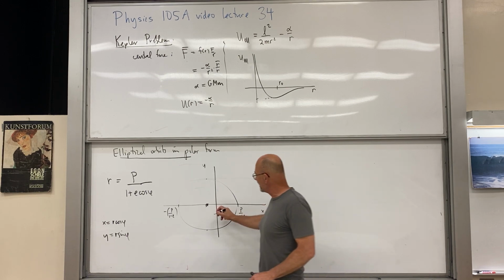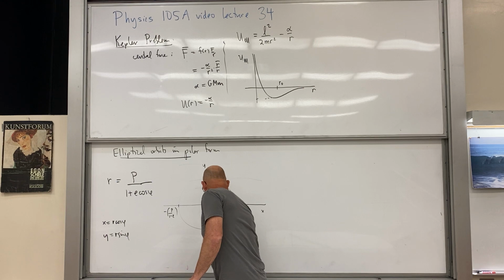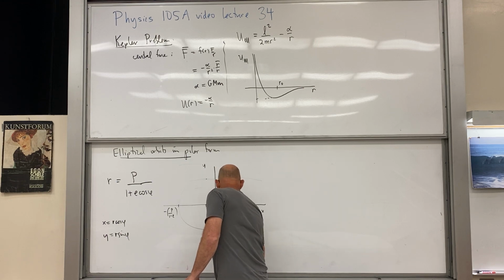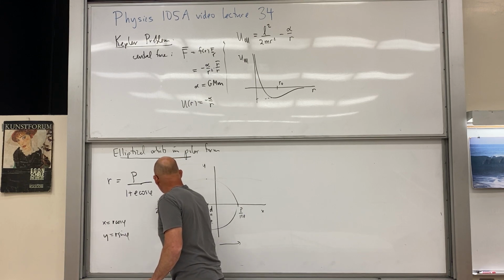And I told you to find this little length d here, and that's just equal to a times e. We have 2a for our major axis, 2b for our minor axis.